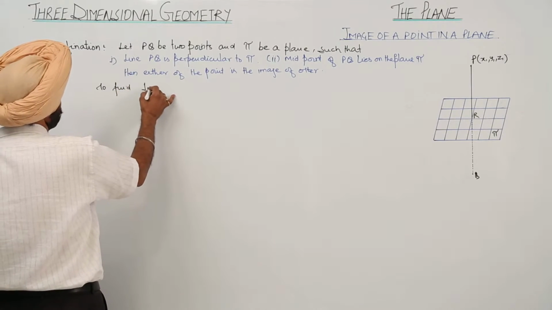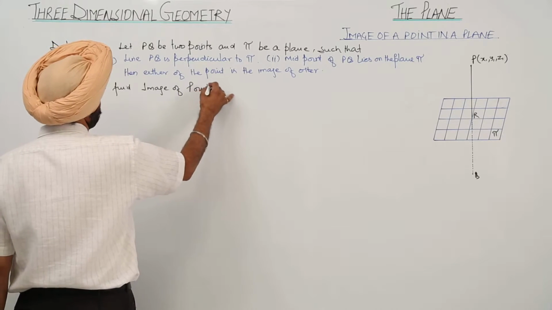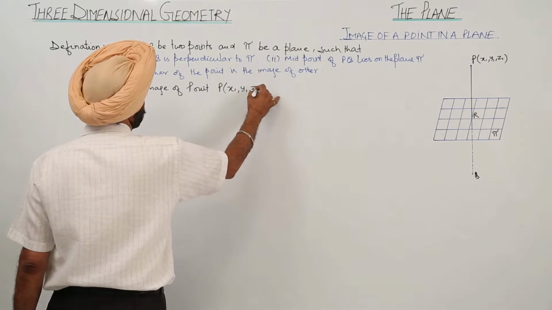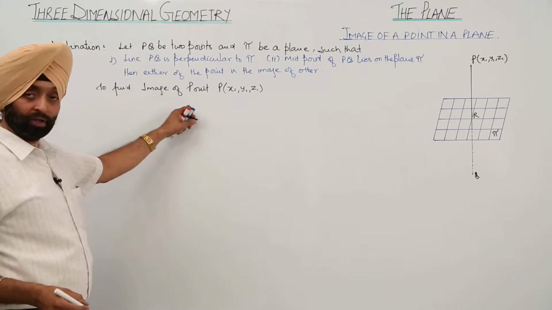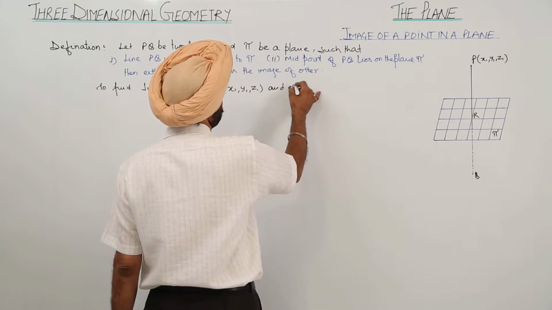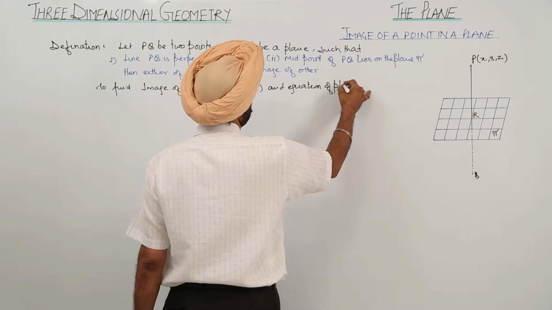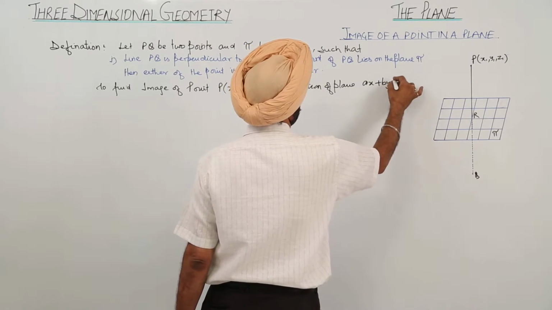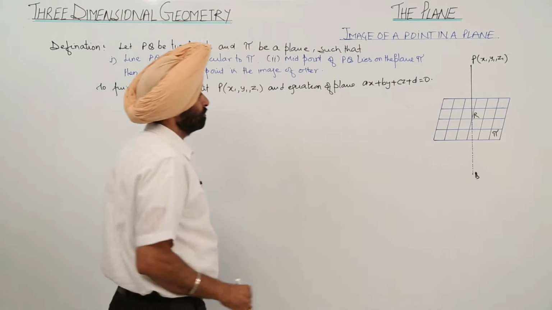To find the image of point P, let the coordinates of P be x1, y1 and z1. To find the image of point P with coordinates given and equation of plane ax plus by plus cz plus d is equal to 0.